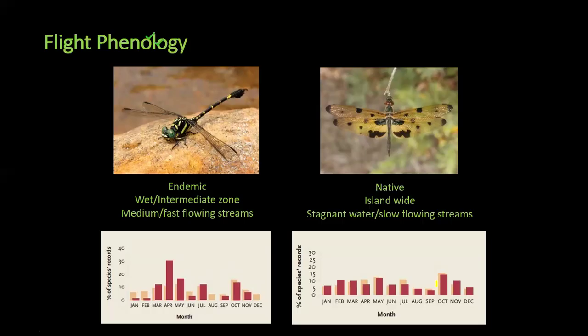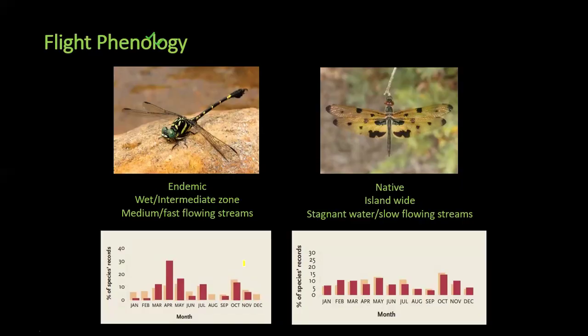The adult stage is usually very seasonal, especially in species that are adapted to forest habitats, mountain habitats, small streams, and these more humid environments.